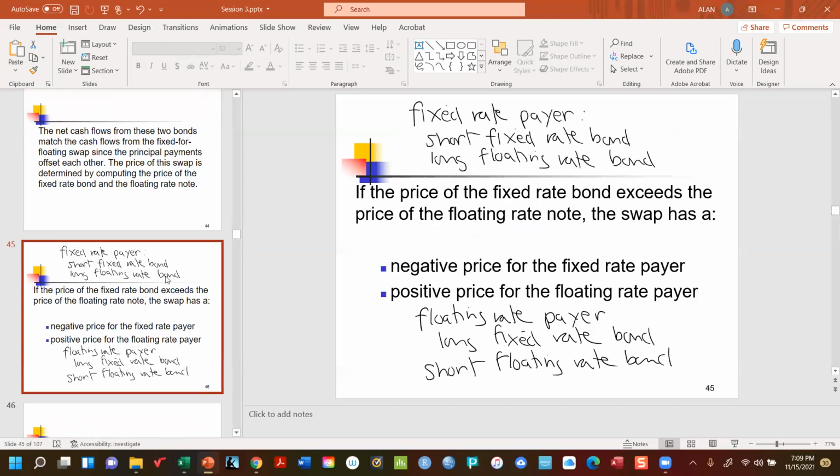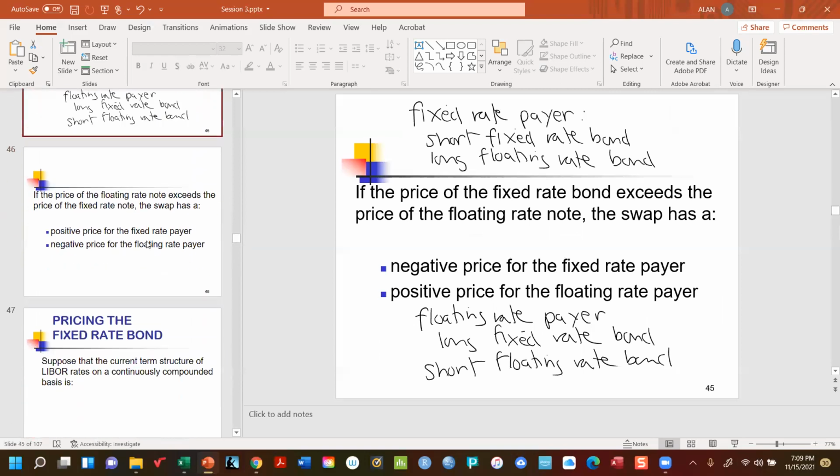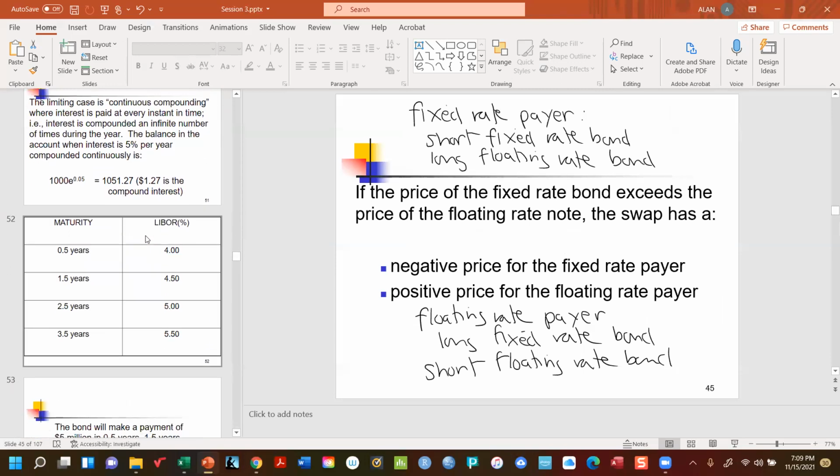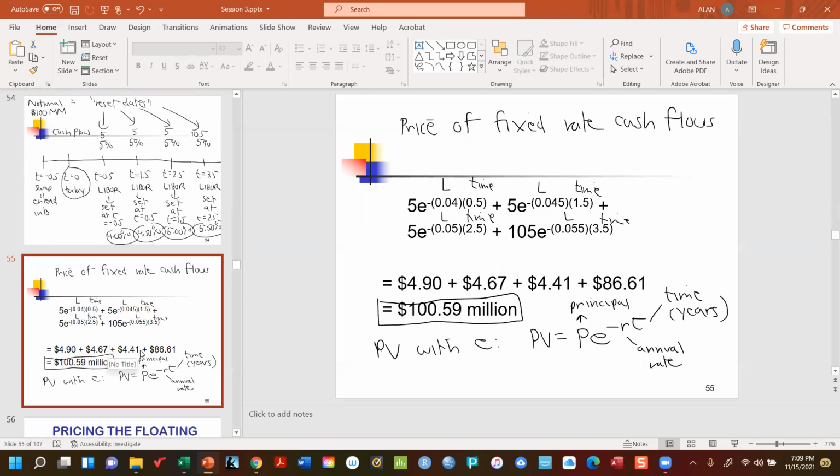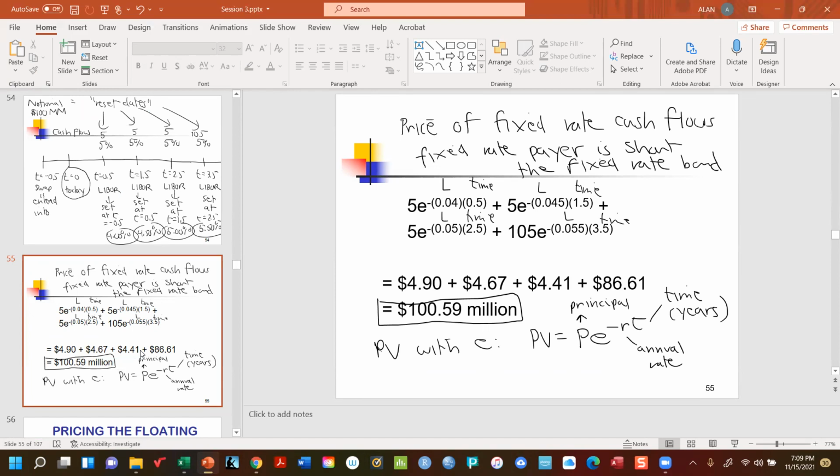Okay, but remember, from way back up here, the fixed rate payer is short the fixed rate bond. So in other words, they owe this money to somebody else. The opposite is true for the floating rate payer.